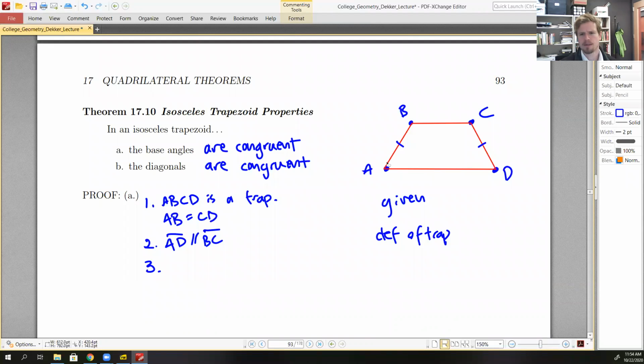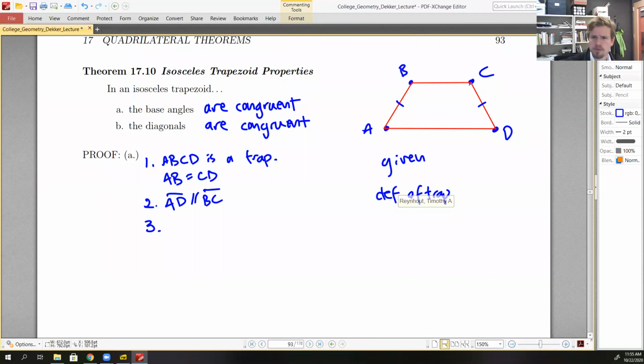I want to get a relationship between this and this somehow. At this time, I don't know much about it. I want to show that these two angles are the same. So first, I'm going to create a parallelogram, and I'm going to do that by finding a line that's parallel to AB.